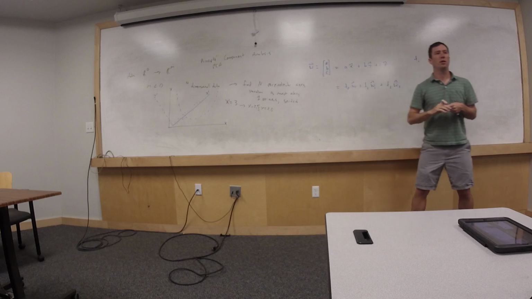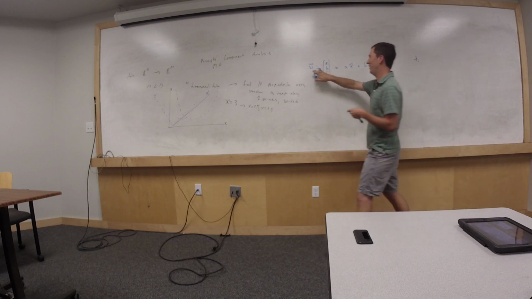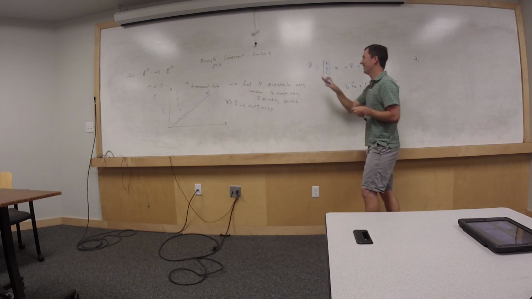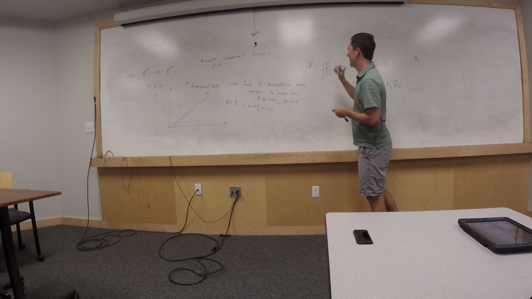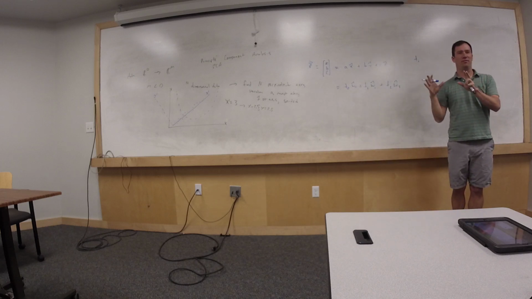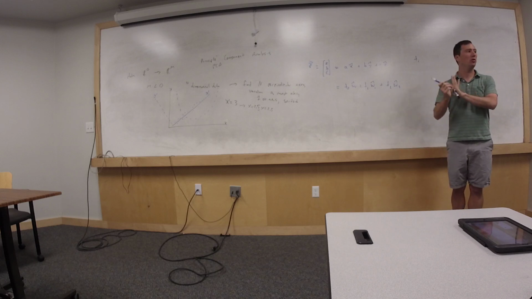So I have a point P, and I want to figure out what the T's would be for that P, or what the coordinates would be in this new coordinate system.